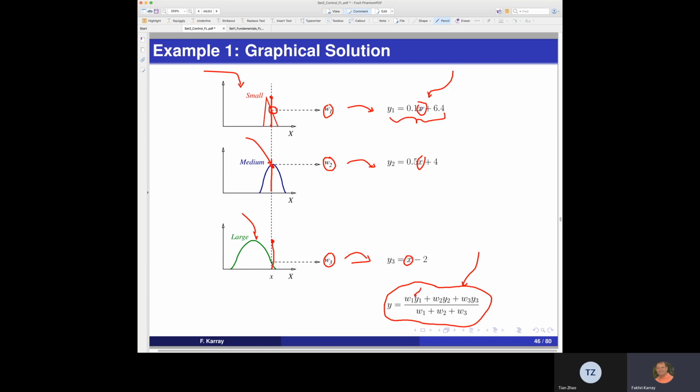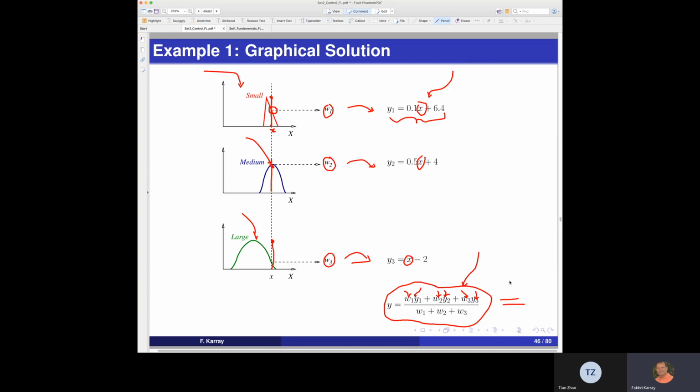Of course, we are able to compute Y1 because we know the value of X. So Y1 is known, Y2 is known, Y3 is known, omega 1, omega 2, omega 3 are known, and this gives us a crisp value without having to resort to center of area, bisector of area, largest of maximum, smallest of maximum, or mean of maximum for creating the defuzzified value.